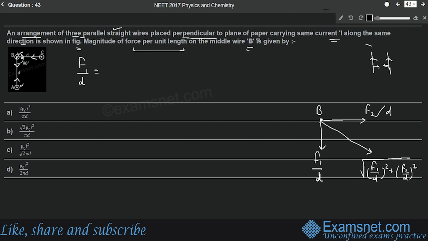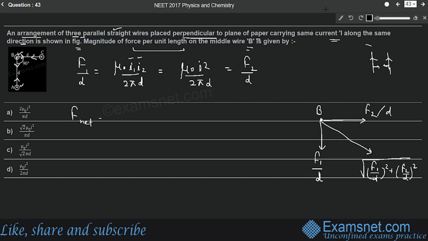So this will be equal to μ0 I1 I2 divided by 2πd. This is the formula for force per unit length, and since I1 and I2 are the same, the current is the same, it can be written as μ0 I square by 2πd. And the same will be the value of F2 by d because the value of current as well as the distance remains the same. So let's put the values.